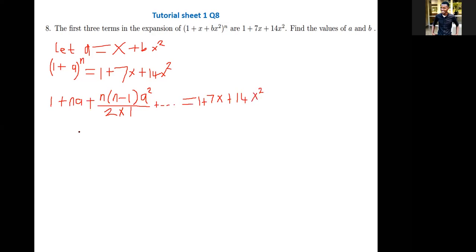So now what I'm remaining with is just to simplify this part this side. This a here is just equal to this. So meaning at every point where there's a in this expansion, I'm going to replace it with x plus bx squared. So I'll write it there: n, and then where there's a, I'm replacing with x plus b x squared, and then plus.